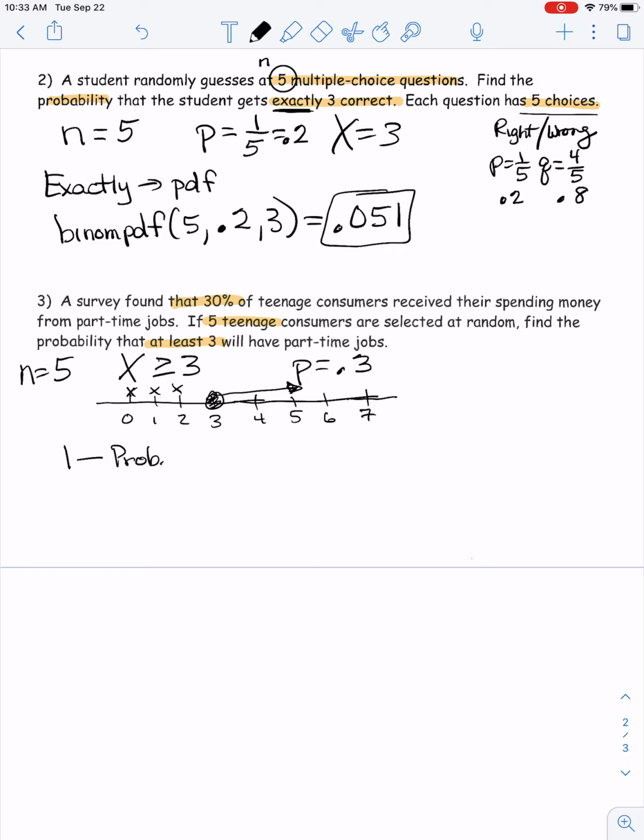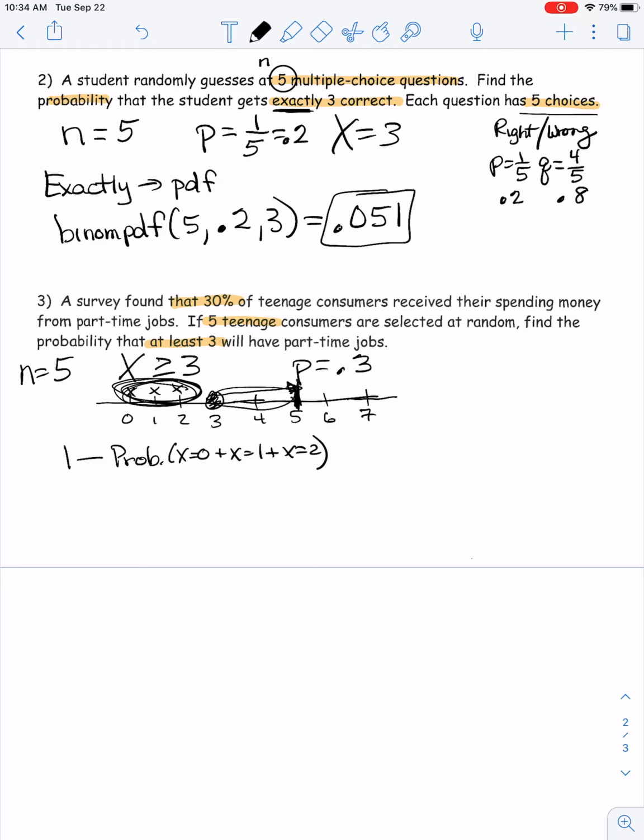the probability. A couple ways I can say this. 1 minus the probability of x equals 0, x equals 1, x equals 2. So to do that on the calculator, to get rid of these guys down here and just keep, I should have stopped this right here at 5 because our n is 5.